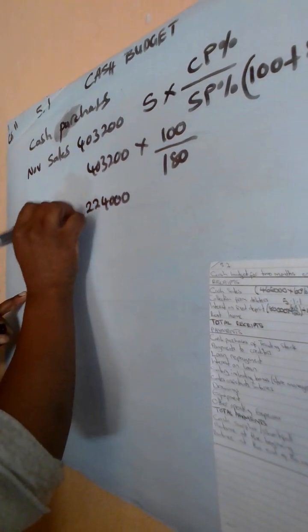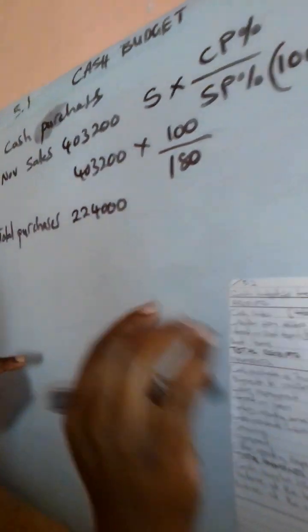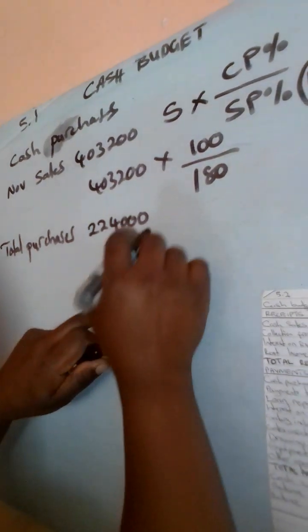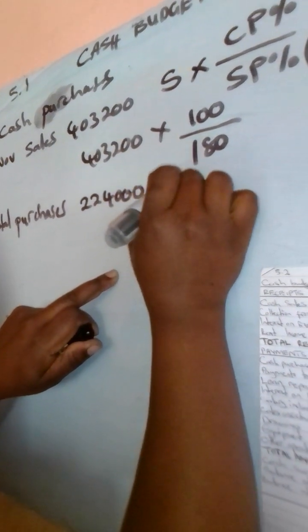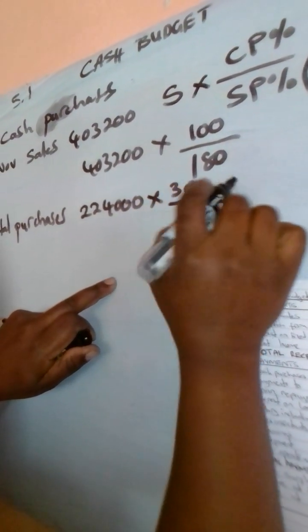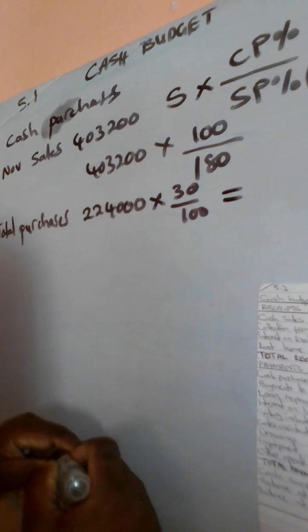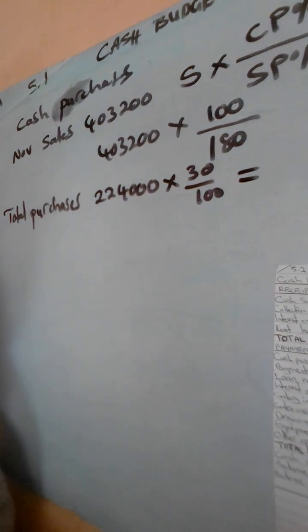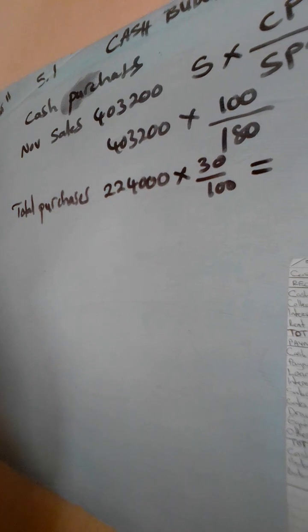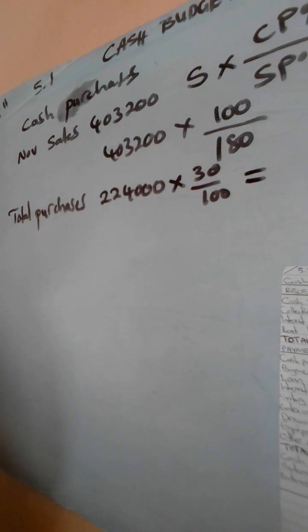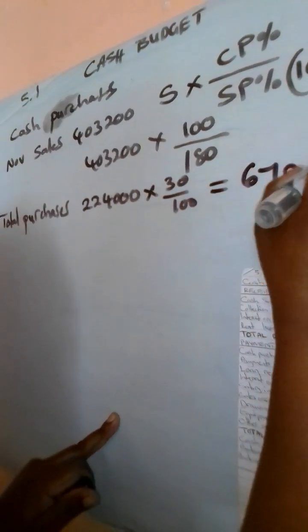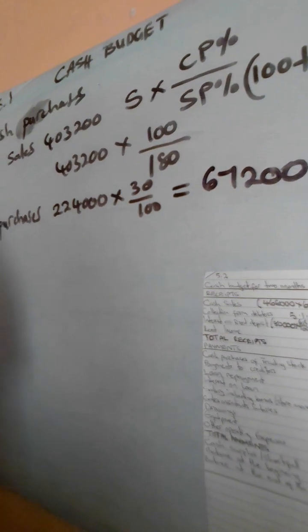224,000 is the total purchases. Remember, they said the business buys 70% of its trading stock on credit. So if 70% is credit, it means 30% is cash. So we multiply by 30 over 100, and it becomes 67,200.